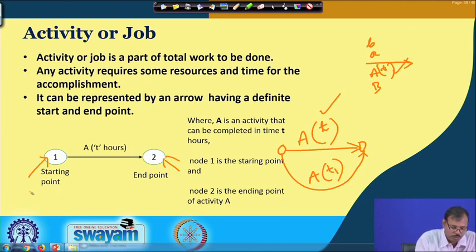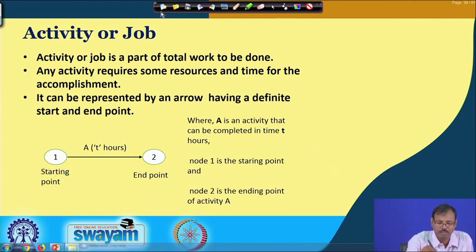These points are also called nodes in the network analysis. So it must be remembered that the starting point and ending point are also called the starting node and ending node. Here nodes are given as numbers, 1 is the starting node and 2 is the ending node.